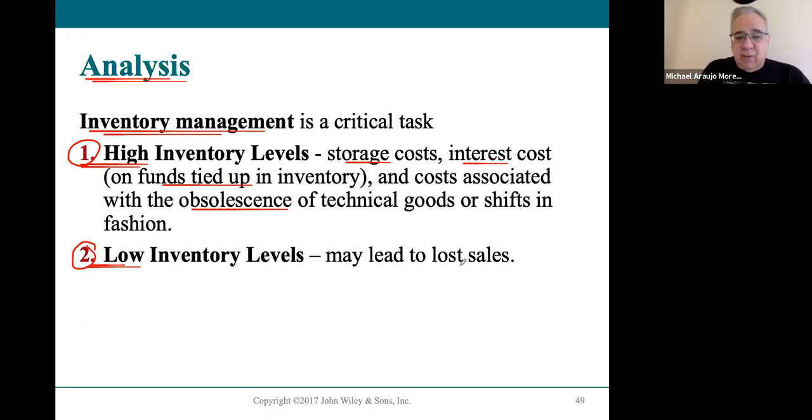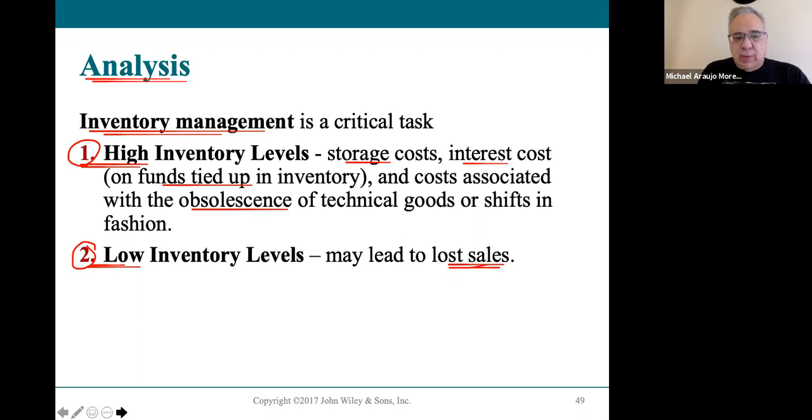Well, what does that mean? For the customer, they leave very angrily. For the business, they've lost a sale. If you've lost a sale, you've lost your profit as well because they go together, right? Profits come from sales. You lose sales, you lose profit. So this whole analysis of inventory is critically important.